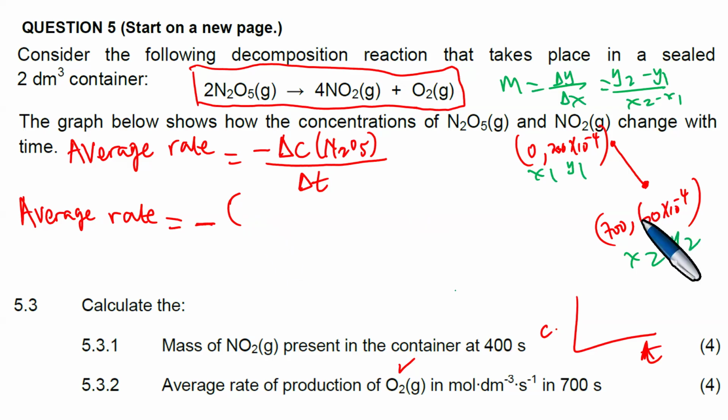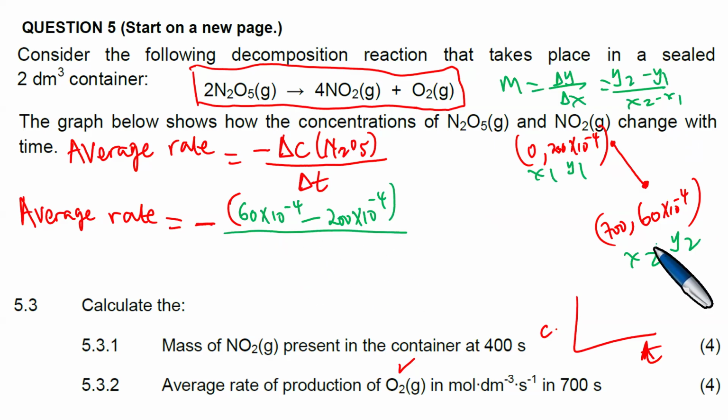The change in concentration, the y2, is 60 times 10 to the minus 4 minus y1, 200 times 10 to the minus 4, all divided by the change in the time. Whenever you have 60, 60 goes with 700, minus x1, 0.